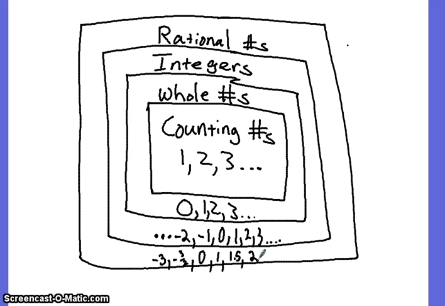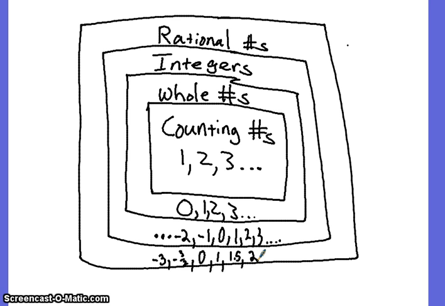And that relationship is key. It works like this. Is every counting number a whole number? Yes, because the whole numbers include all the counting numbers.